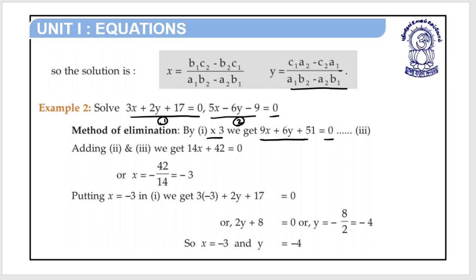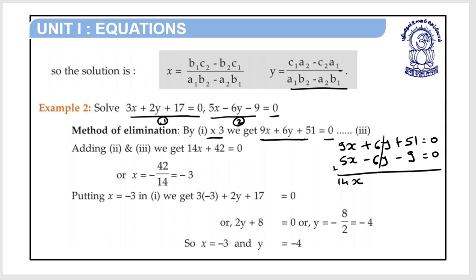Adding 1 and 2: 9x plus 6y plus 51 is equal to 0, and 5x minus 6y minus 9 is equal to 0. 6y minus 6y cancel. 9 plus 5, 14x, and 51 minus 9, 42, is equal to 0.